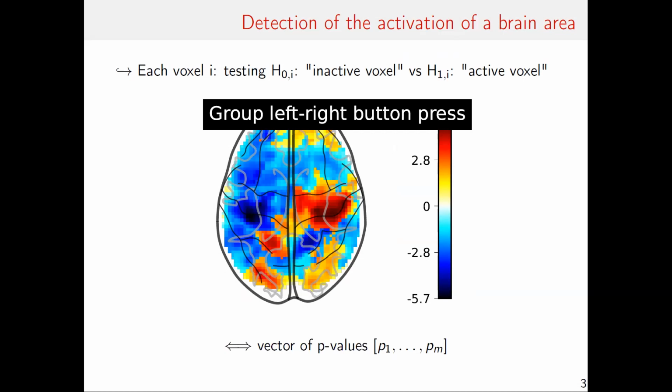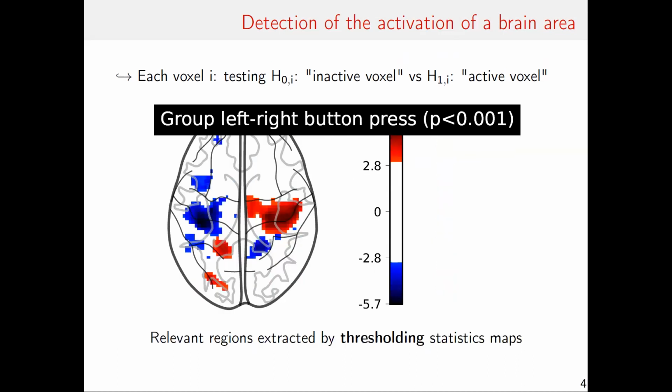And so generally, inference will be performed by some sort of thresholding on this statistical image, meaning that you want to retain relevant regions for the cognitive function that you're looking at. And so you will choose an arbitrary threshold to retain a form of relevant regions. So this is what you have on the slide here.